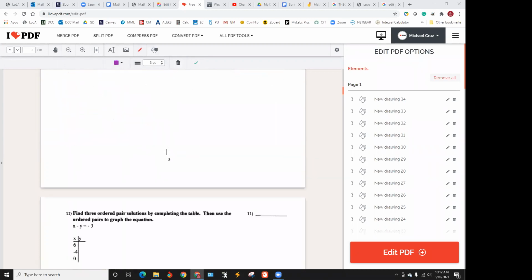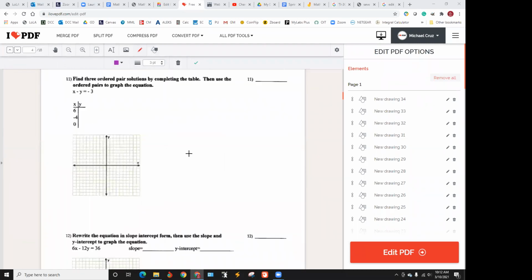So now this next one is going to simply be putting points in. All right. So they're providing the x's, so we just need to put those x values in and find out what the y is in each case.